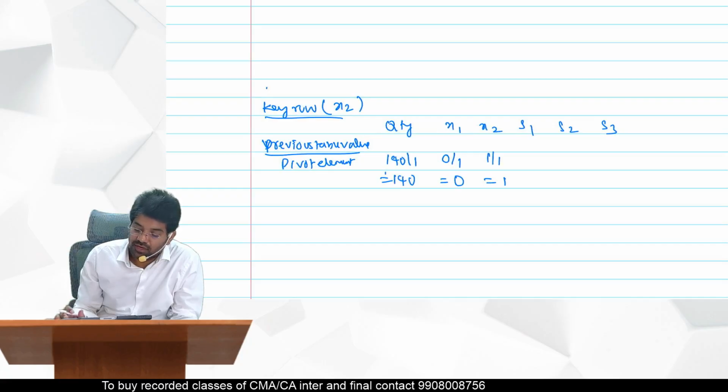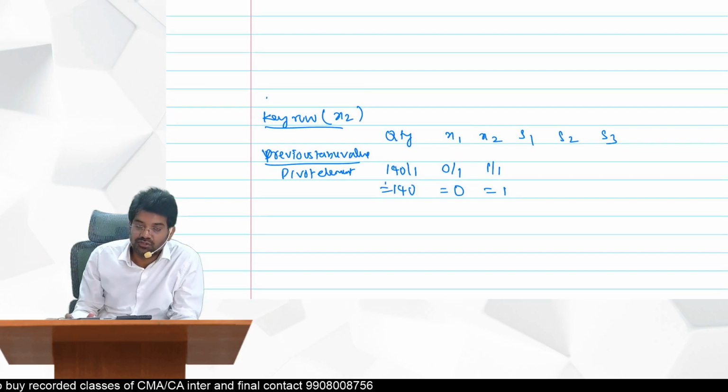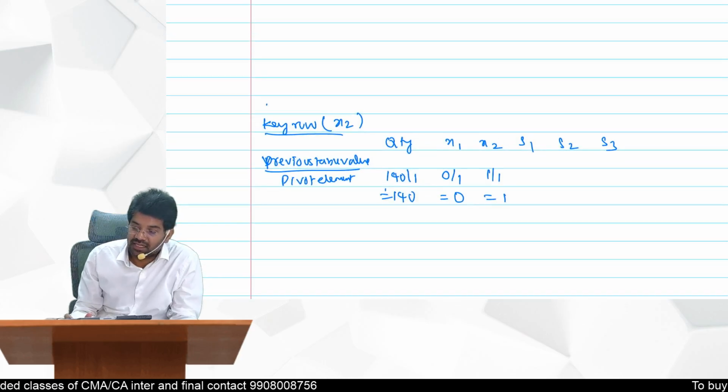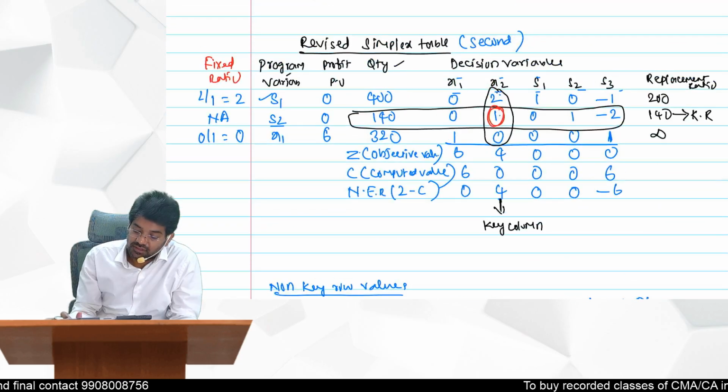We should create a unit matrix for x2 in our decision variables. Done. S1 is 0 by 1, which is 0.